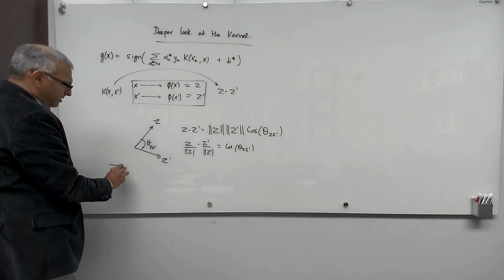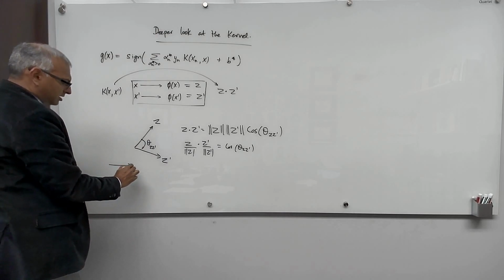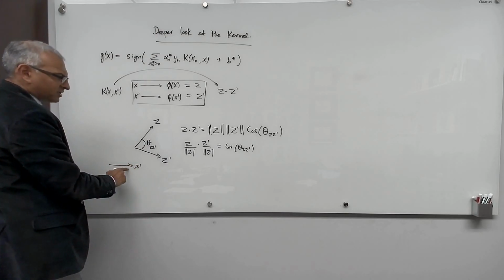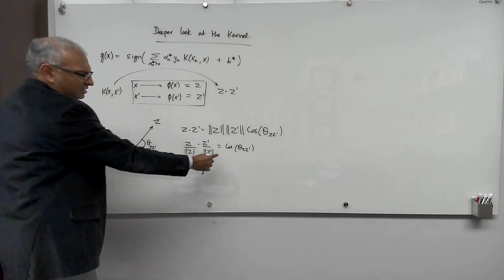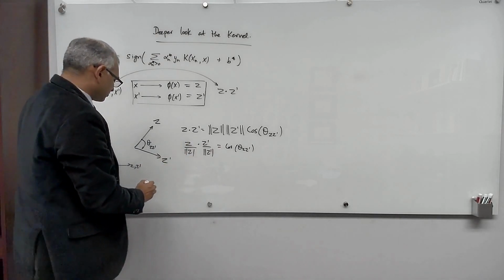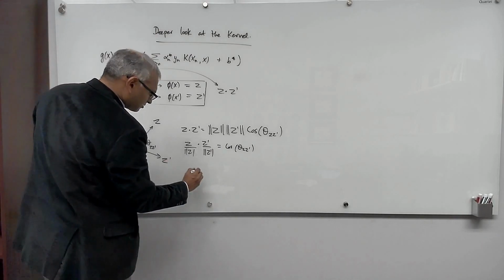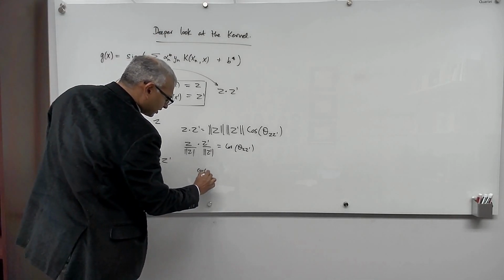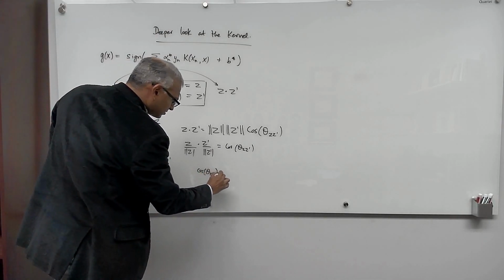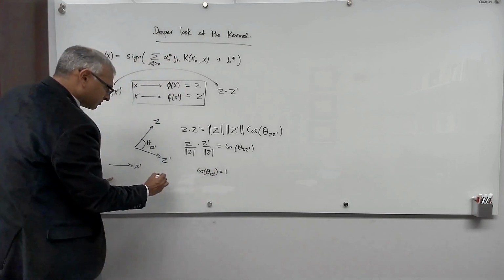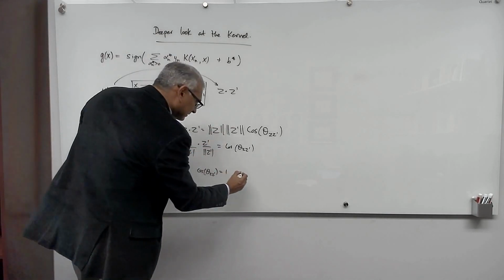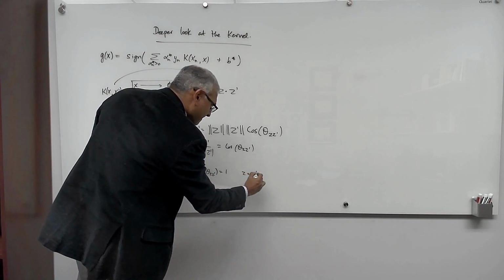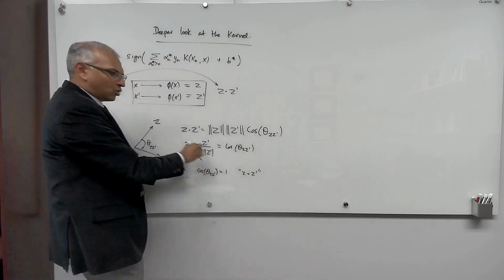When z and z prime are on top of each other, when you normalize them, they're the same unit vector. This is 1. So the cosine of theta z z prime is equal to 1 when z and z prime are basically identical, up to the normalizing.